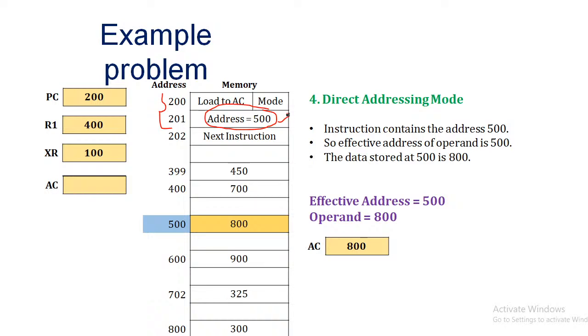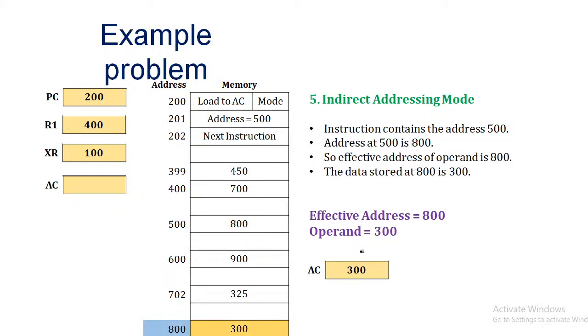What is this 500 address containing? It is containing the value 800, so 800 will come to the accumulator. So this 500 is basically acting as the address, and this address contains the operand 800. So this 800 will come to the accumulator. This is the way we are fetching the things.